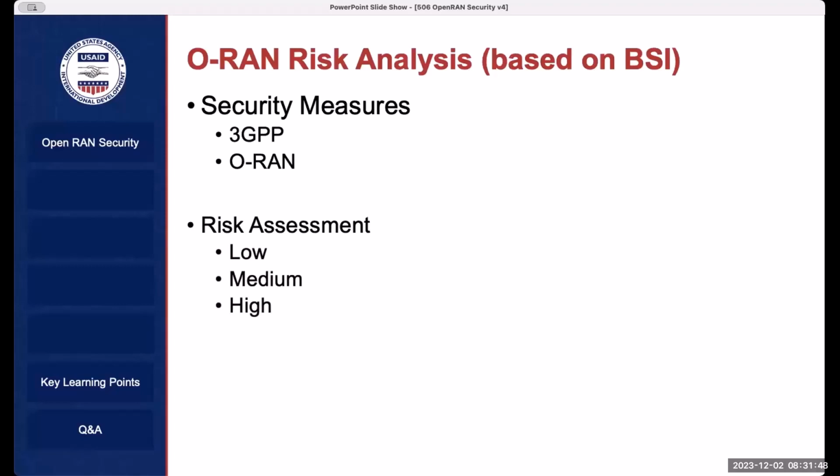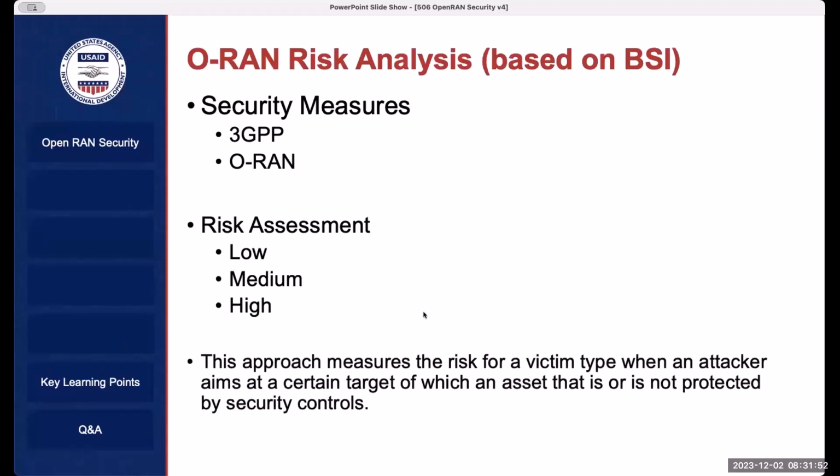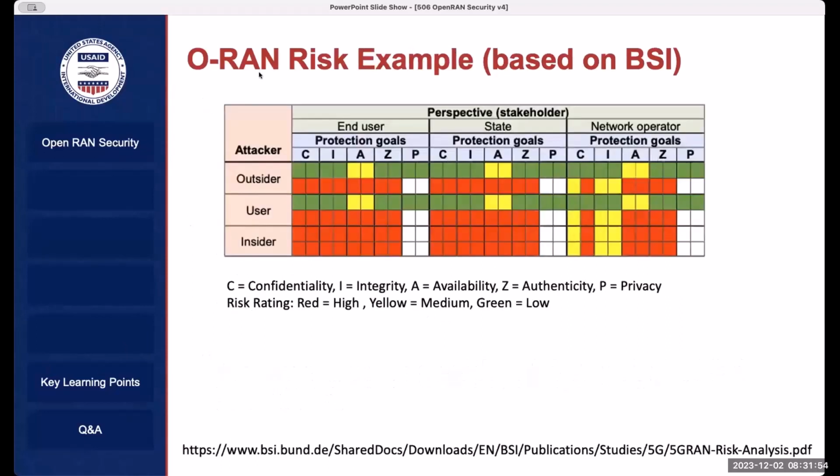And I like how BSI did this, when they have this table per risk. From the perspective of the stakeholder, we have, let's say, the end user, the state, and the network operator. How vulnerable are they to an outsider attack?